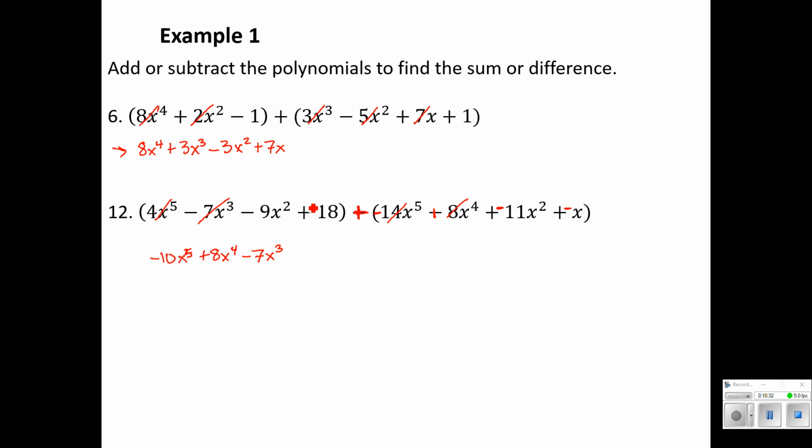X squared, I've got negative 9 and negative 11x squared. That's negative 20x squared. Now my x terms, I've got negative x. And then for my constants, I've got plus 18. Just combining like terms, there is the difference. And that's our answer.